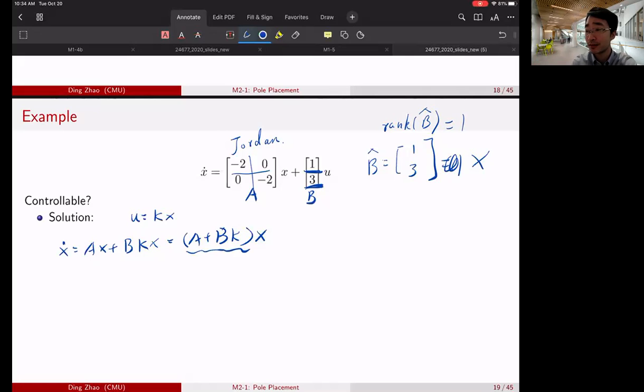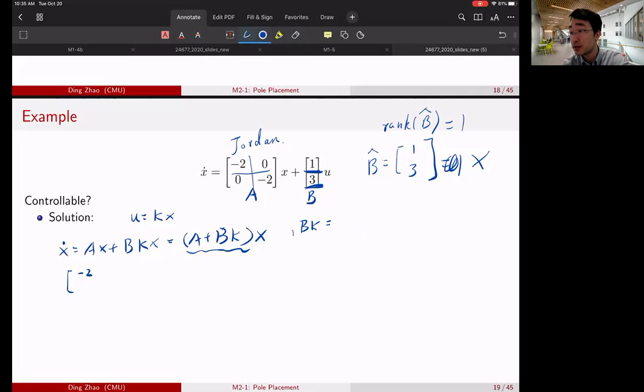So let's try. A is -2 plus BK. Sorry, let's do it step by step.